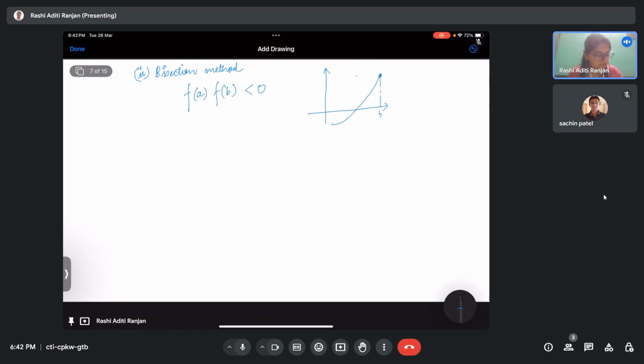This is going to be my b. This is going to be my a. Or I can have something like this, with b here. These are the two cases that I can have.